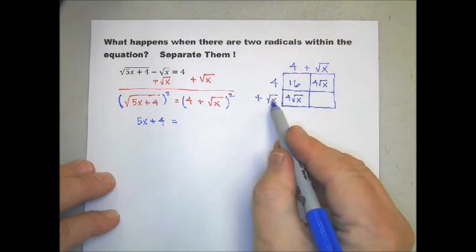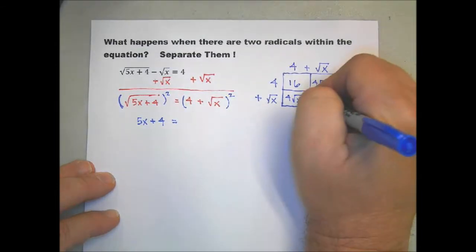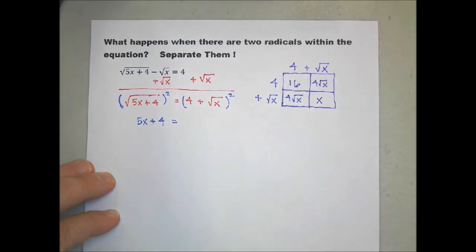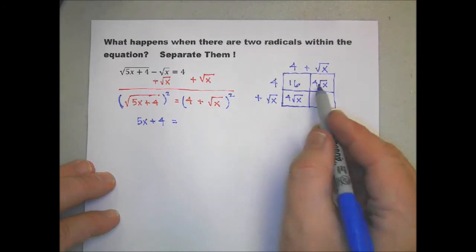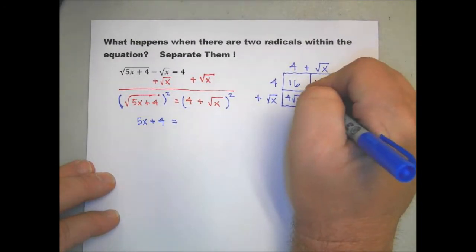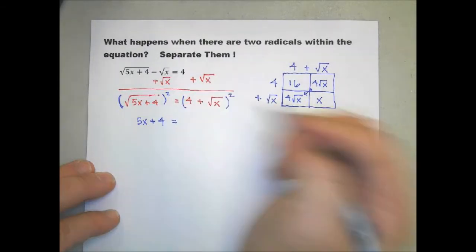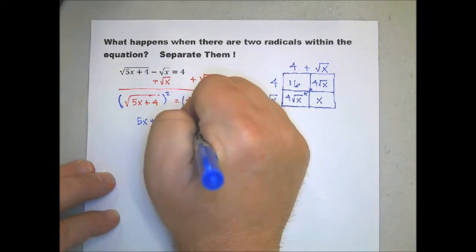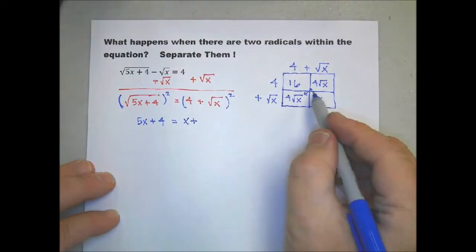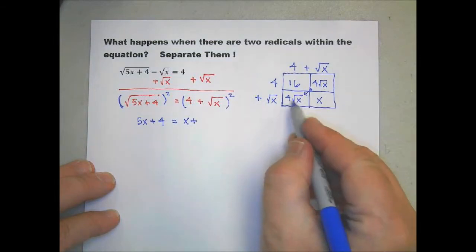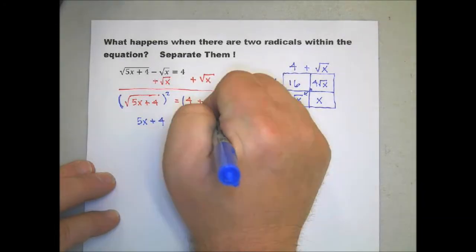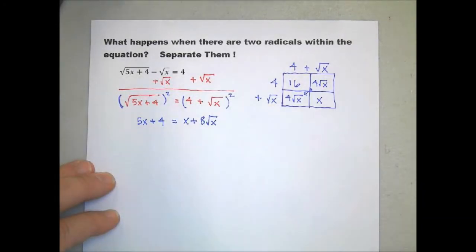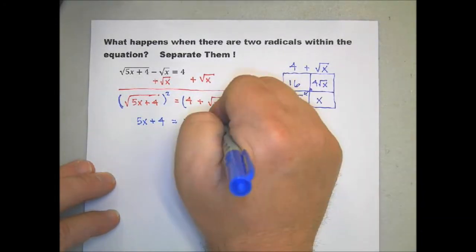And then root x times root x is simply x. So when I put all these together, I can combine these two like terms, and I get x plus 8 root x, since 4 square root x plus another 4 square root x makes 8 root x, and then plus 16.